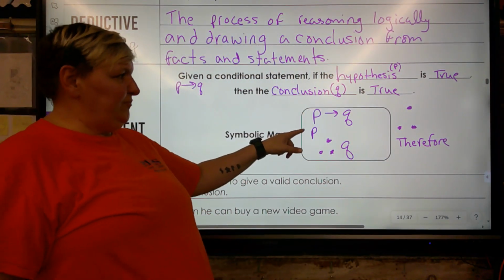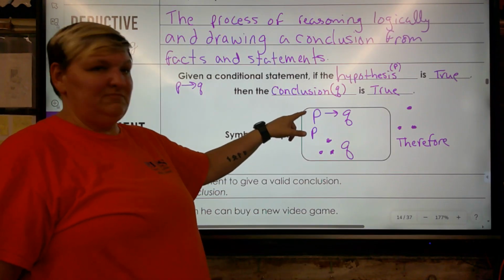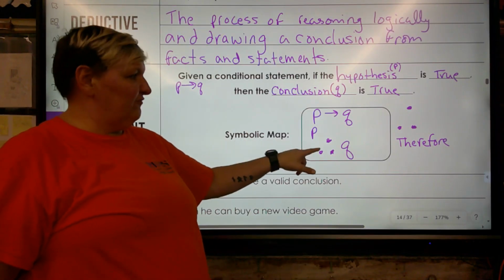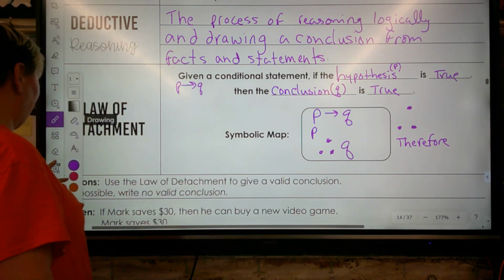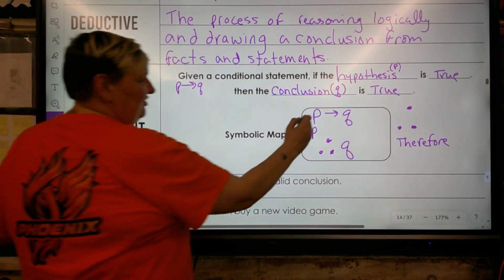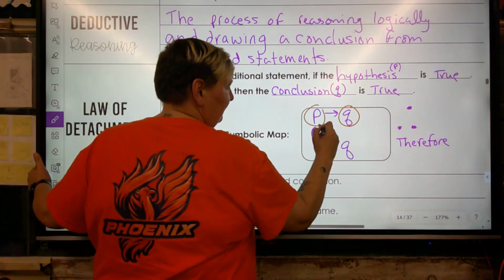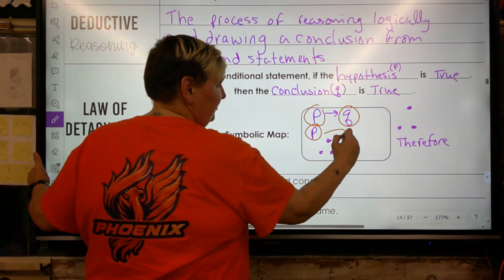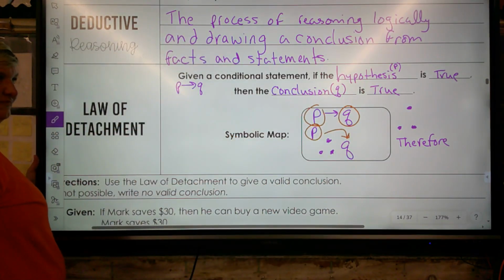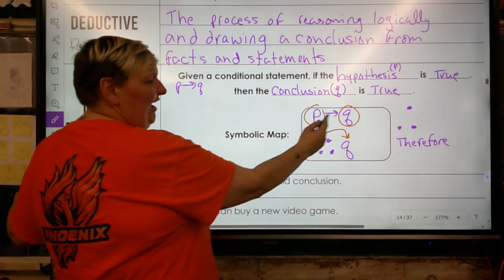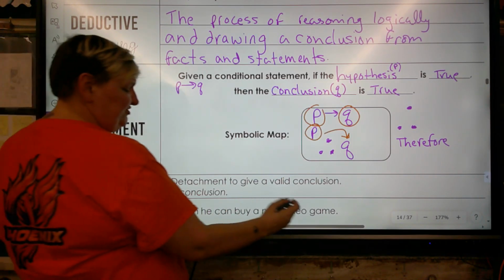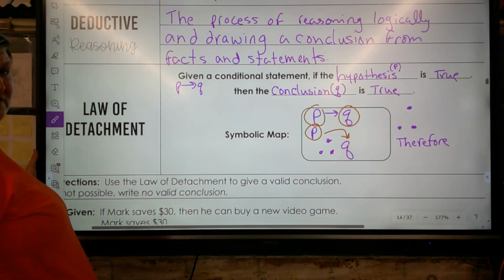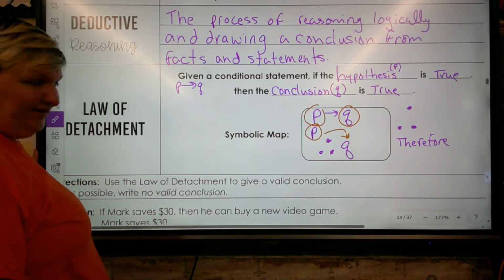So, if the P in your conditional statement is true, therefore Q must also be true. But it has to follow this path. The pattern is PQP leading to Q. If you don't follow the pattern, if it breaks pattern, then it's no valid conclusion. You can't draw a conclusion if the evidence is not there.